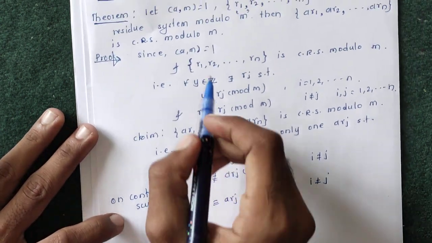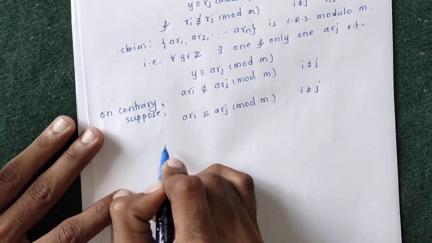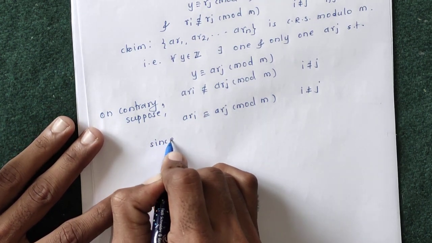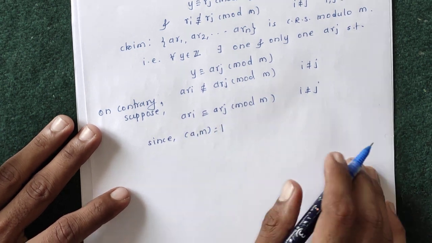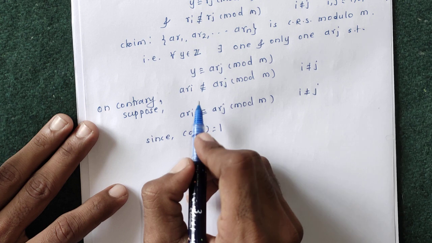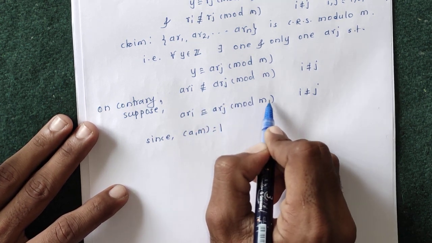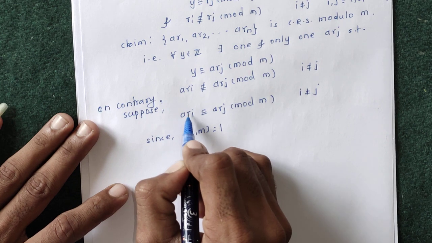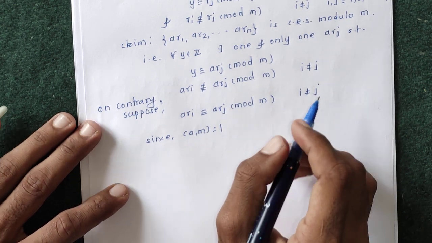Also here we have given GCD of A and m is equal to 1. Since GCD of A and m is equal to 1, we have seen the result: Ax is congruent to Ay modulo m if and only if x is congruent to y modulo m upon GCD of A and m.